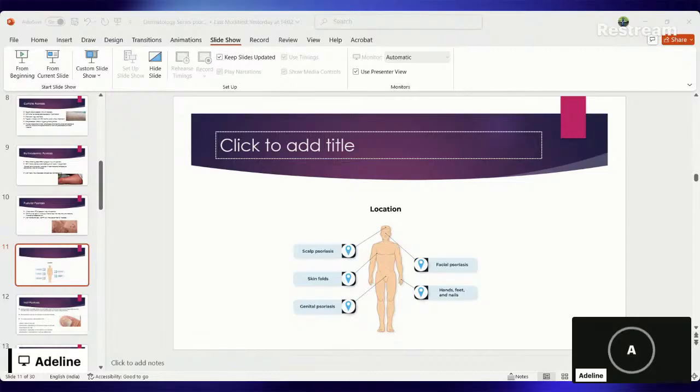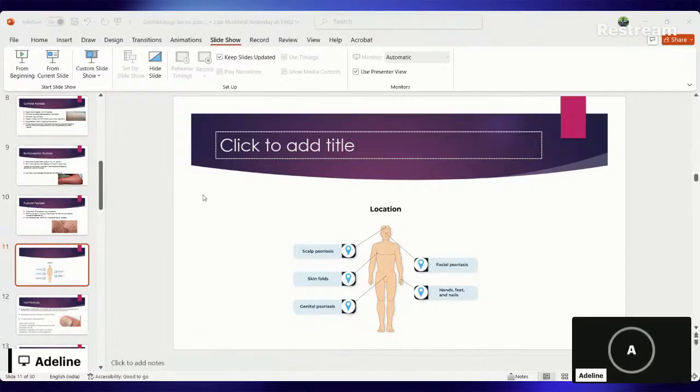So, another variant of psoriasis based on the location is nail psoriasis, which normally affects several digits and is more common on the fingernails rather than the toenails.